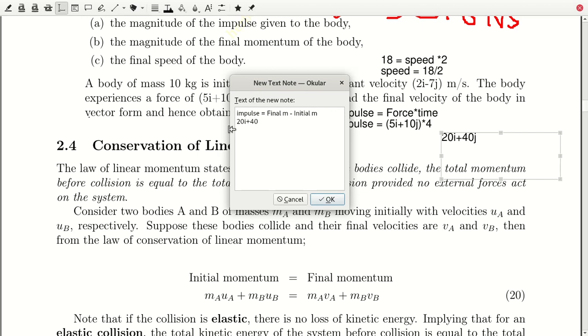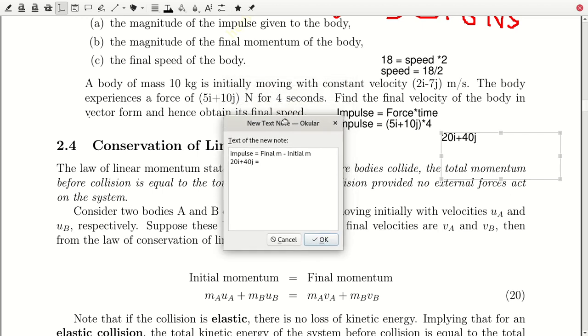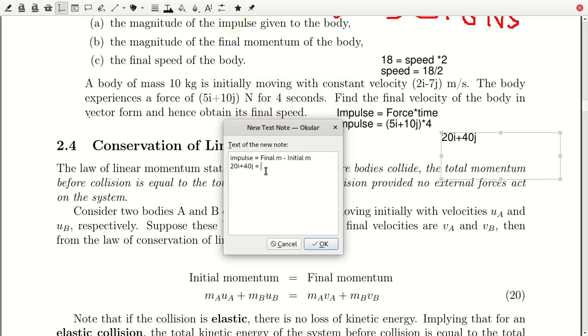So our impulse here, we have it as 20i plus 40j equals, do we have the initial momentum? We are looking for the final momentum, so let me say Fm. Our initial momentum will be given by mass times initial velocity, which is 2i minus 7j.